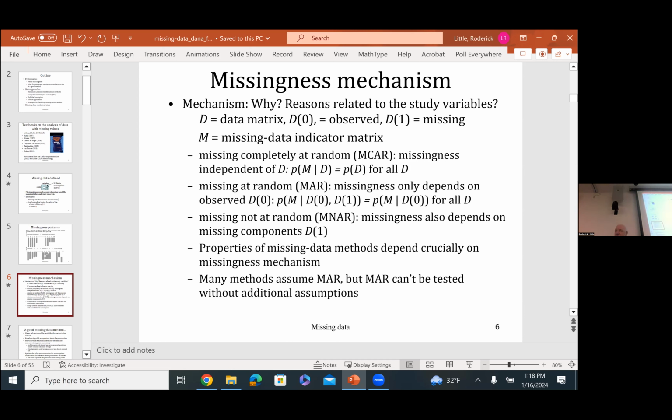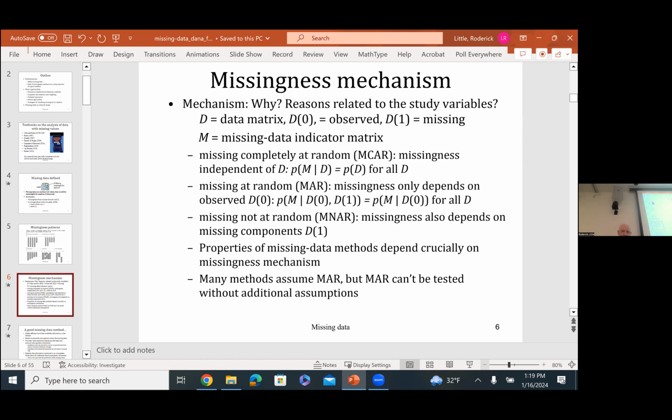So this is actually the notation in Rubin's original 1976 paper. Anyway, that's the data, and then you have a missingness indicator matrix, M, which is 1 if an item is missing and 0 if an item is observed. Or you could have the response indicator matrix, which is 1 minus that.